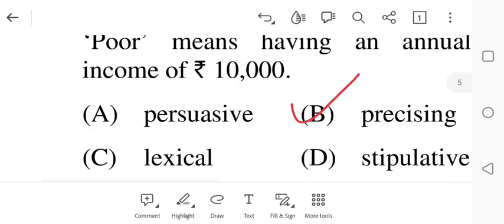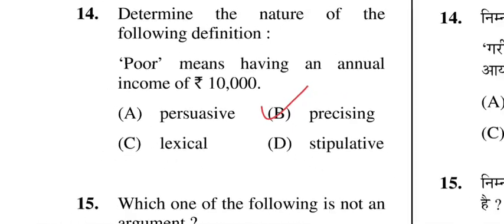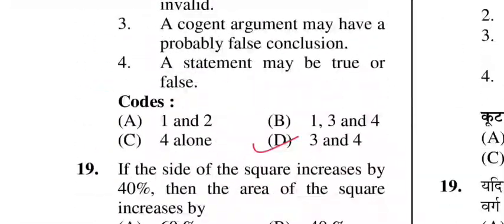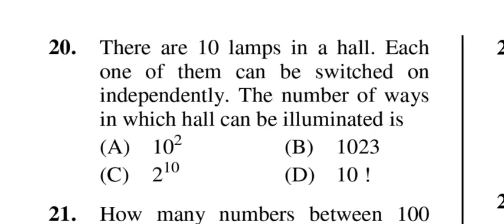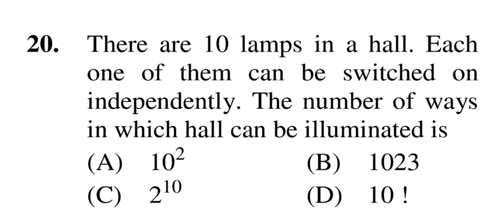96% done. Okay. Number 20 says there are 10 lamps in a hall. Each one of them can be switched on independently. The number of ways in which the hall can be illuminated is what? Let me repeat it. There are 10 lamps in a hall, each one can be switched on independently.